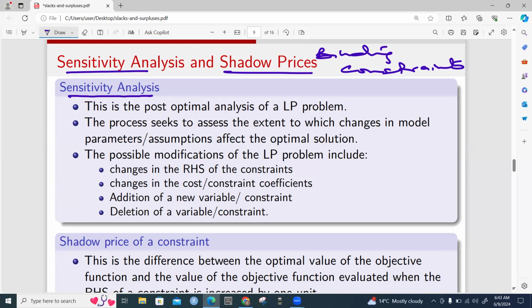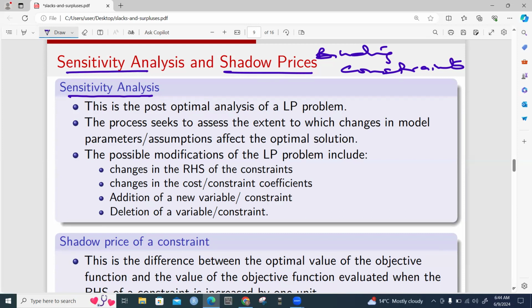It is a further analysis upon getting the optimal solution of a linear programming problem. We always ask ourselves whether there is a way in which we can modify the parameters or the assumptions of the linear programming problem or the formulated model so that we can get maybe a better solution.